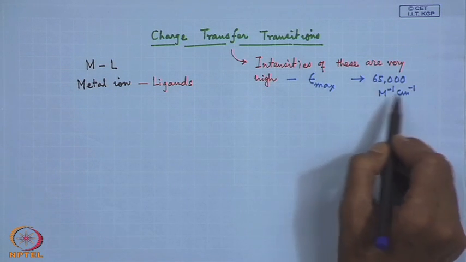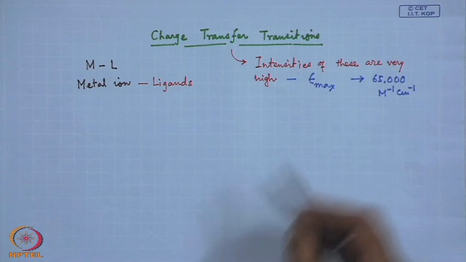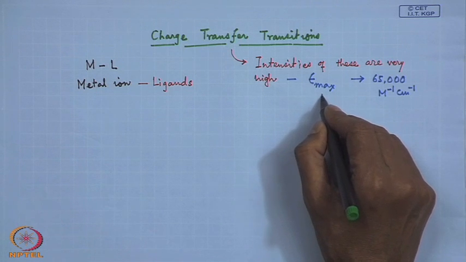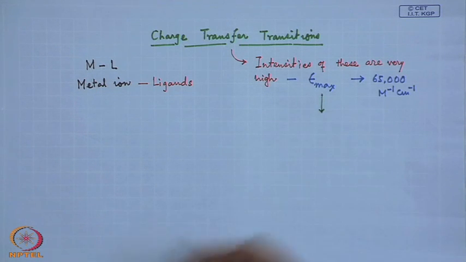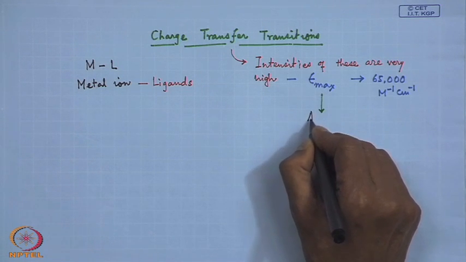So, in that unit we can see that a very high concentration is not required for these charge transfer transitions, so we can detect them. If we can monitor a particular charge transfer band for any metal ligand system, we will find that it can be of very much analytical use.